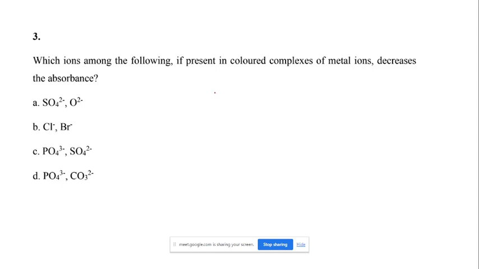We have already discussed that phosphate and sulfate are the right answer. Due to the presence of phosphate and sulfate, the absorbance of the color complex will decrease. So what will we do? We need to carry out the standard addition method here to correct our result.